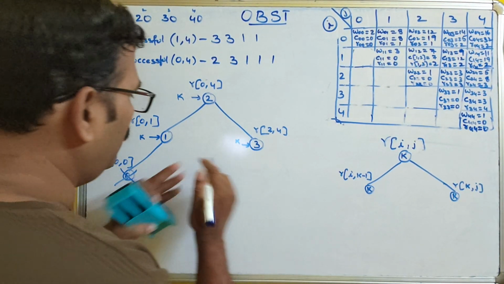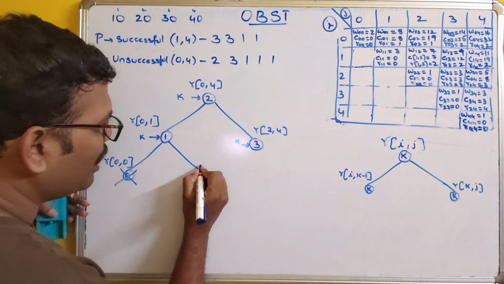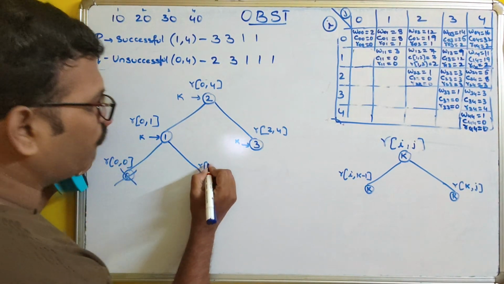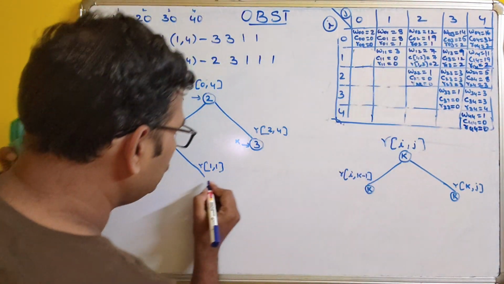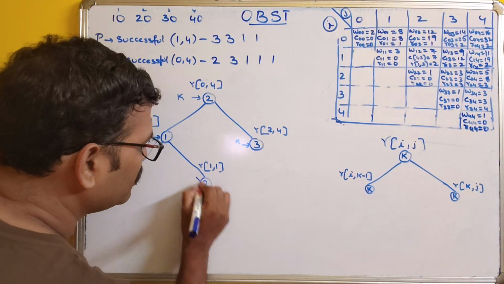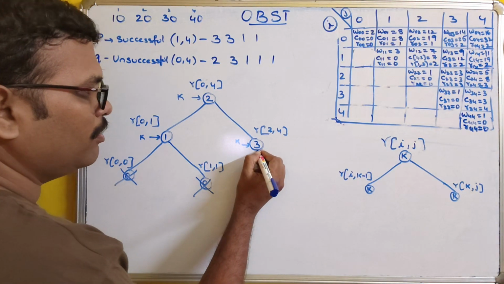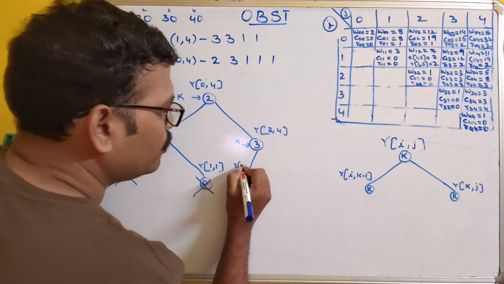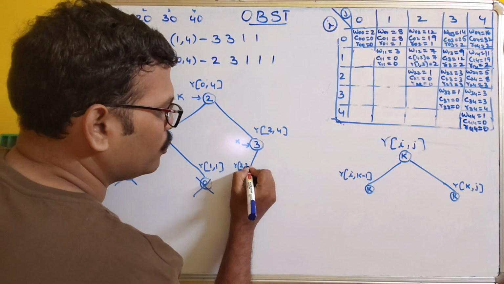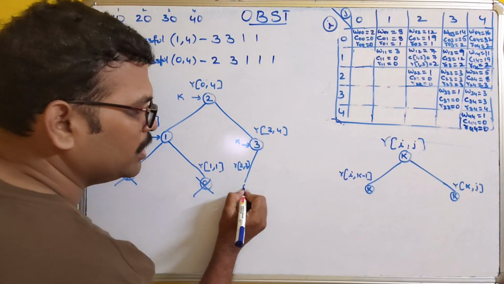Okay. So here on the left hand side, R of, what's the k value? 1, j value 1. R of 1, 1, again it is 0. So we need to stop here. This is no element. Now consider this one. R of 2 comma k minus 1, 2. 2 comma 2 is again 0.